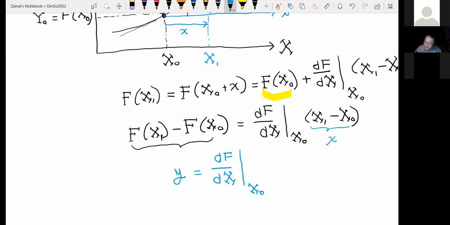This one minus this one is small y. So this one multiplied by x.